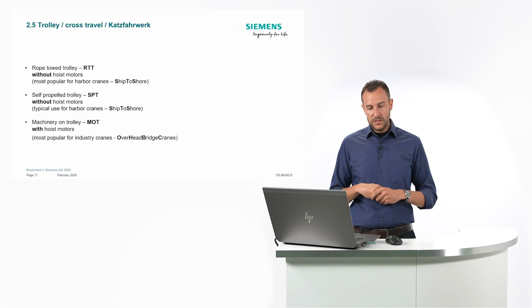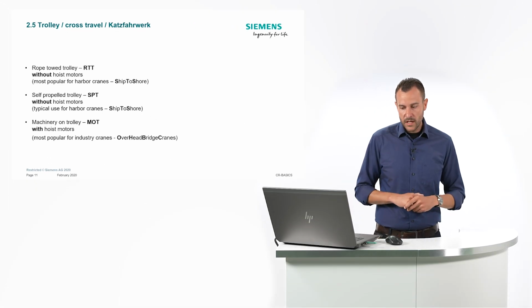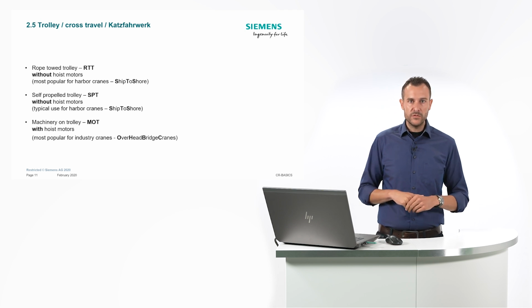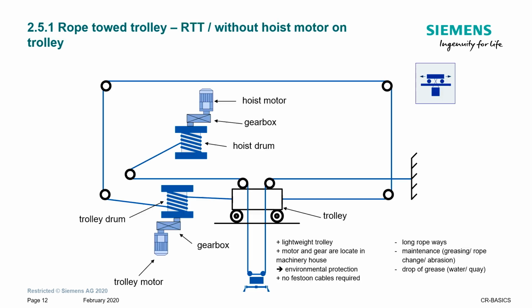RTT and SPT are typically used in the harbor crane business, and the MOT machinery trolley is in most cases used for industry cranes, overhead bridge cranes, the abbreviation this week being OHBC. I will now explain in a bit more detail the RTT, the rope-towed trolley.